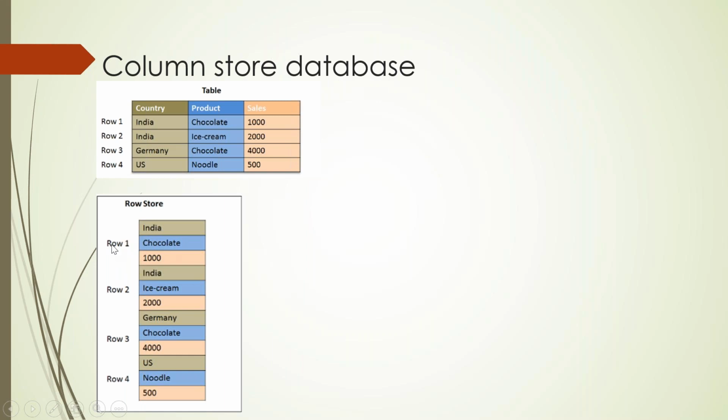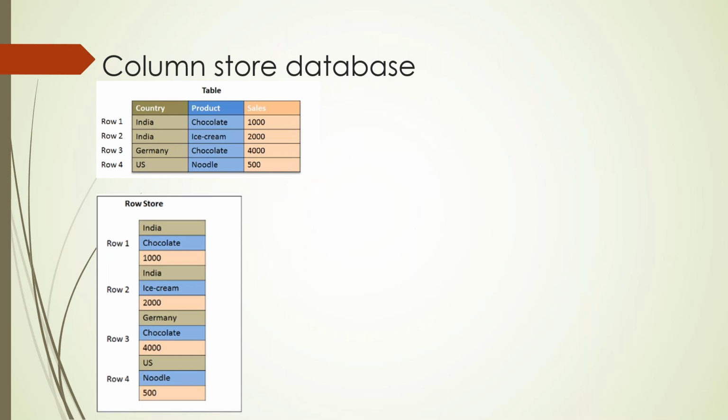It stores the records in the sequence of rows. So this is the logical storing of the records in the row store tables. In the database world, all the traditional databases, like IBM DB2, SQL, and Oracle, are row store databases. They only support a row store database.